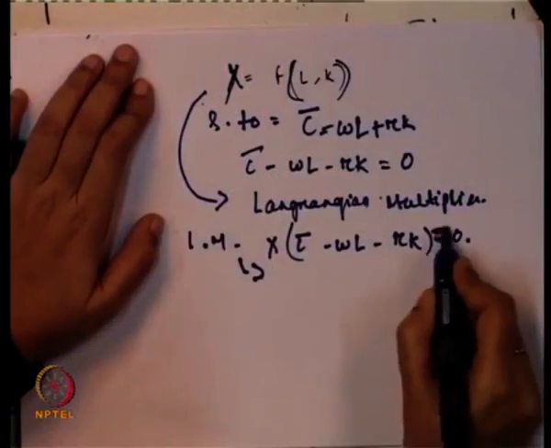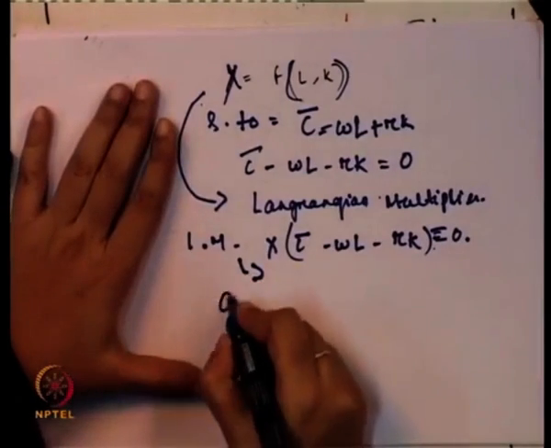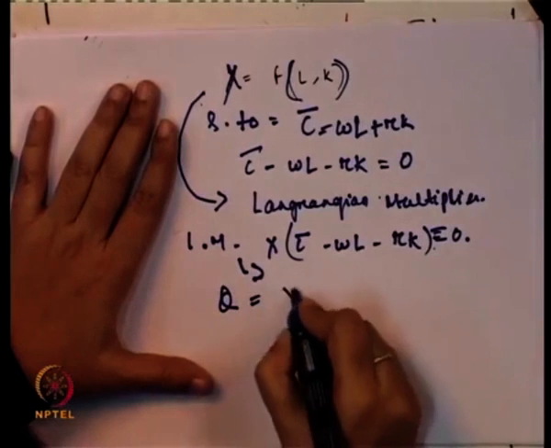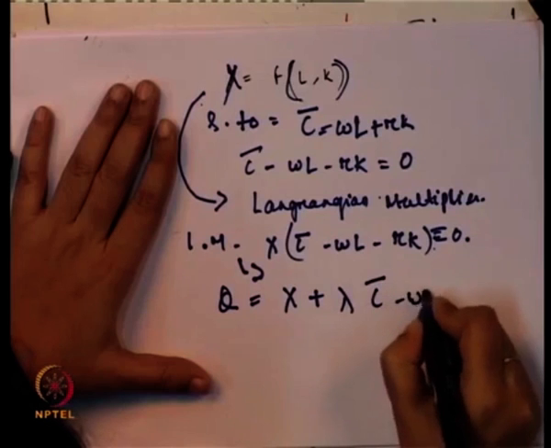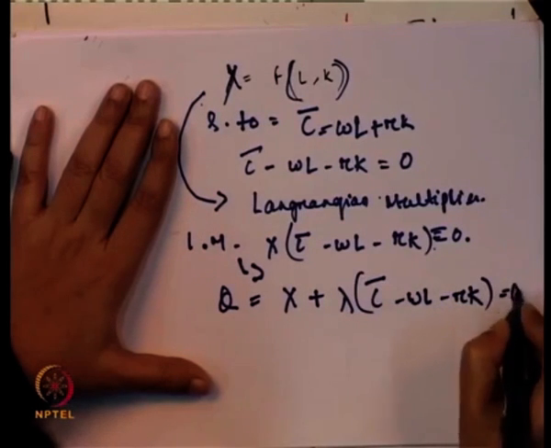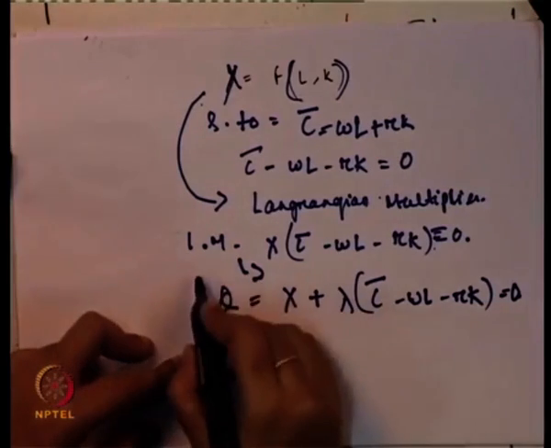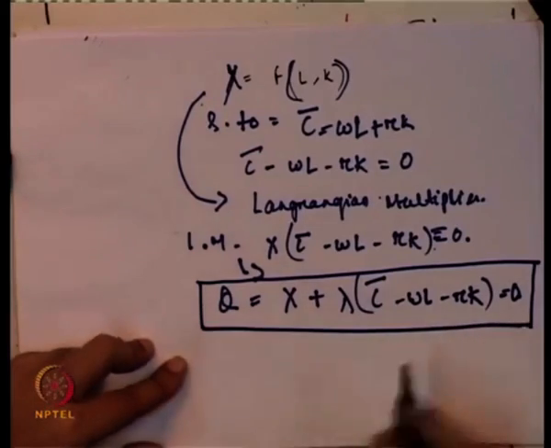Once we apply it, we get the composite function: x plus lambda times C bar minus W L minus R K, which has to be equal to 0.